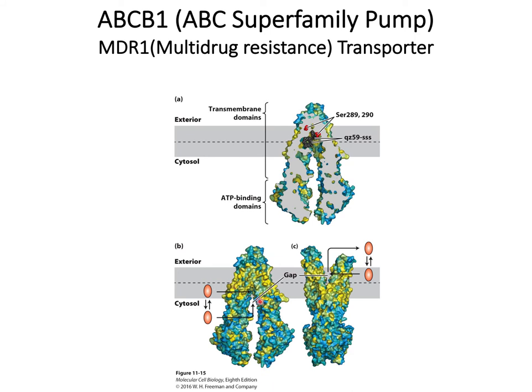The binding of the drugs into the T domain, which is the transmembrane domain, triggers a conformational change, with ATP hydrolysis in the A domain. The ATP hydrolysis provides the energy to change the conformation of this ABCB1, or MDR1, and it will expose the drug by flipping it towards the outside.